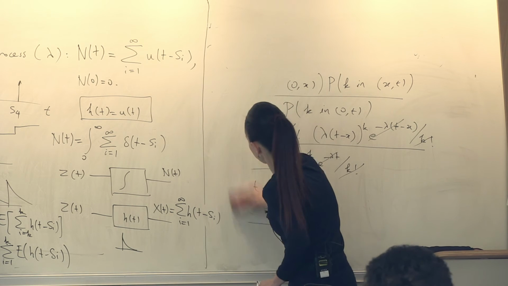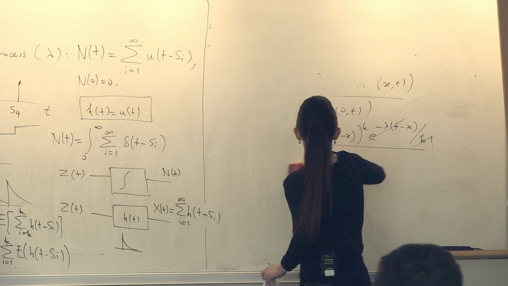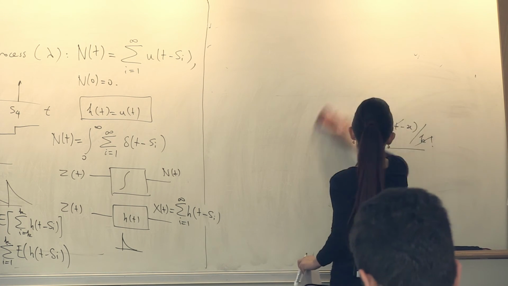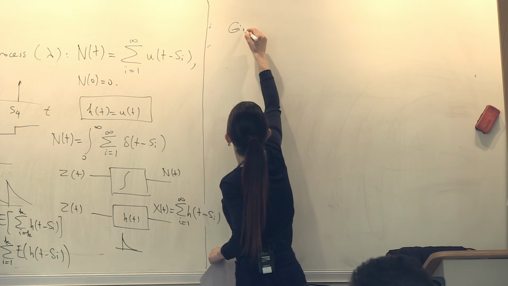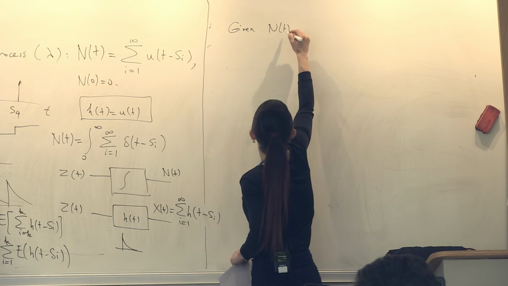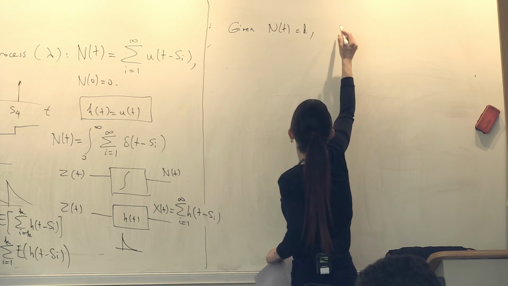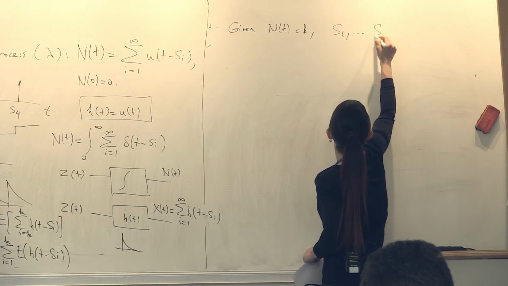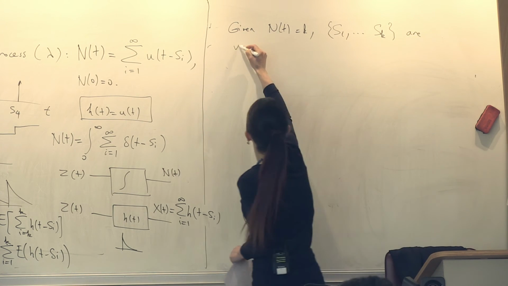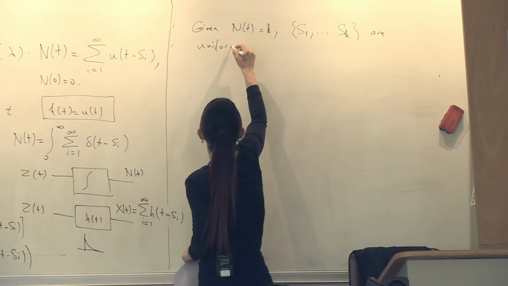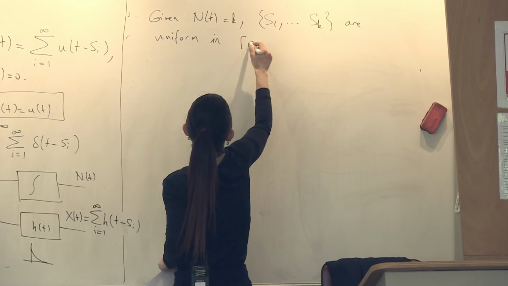Let me write it down. Given N(t) equals k, S1 up to Sk, the arrival times, are uniformly distributed in 0 to t.